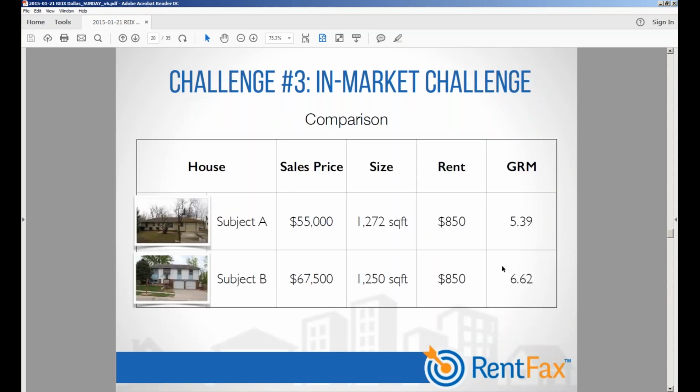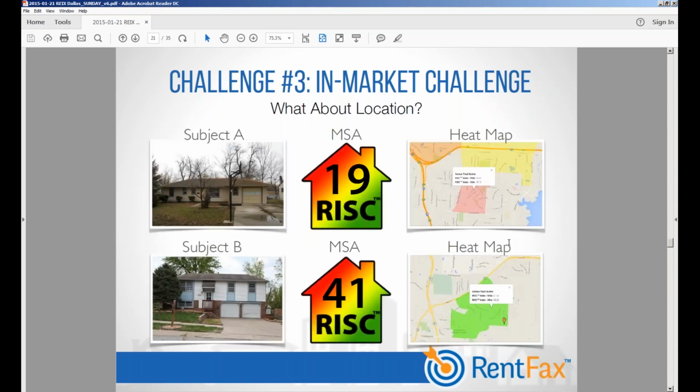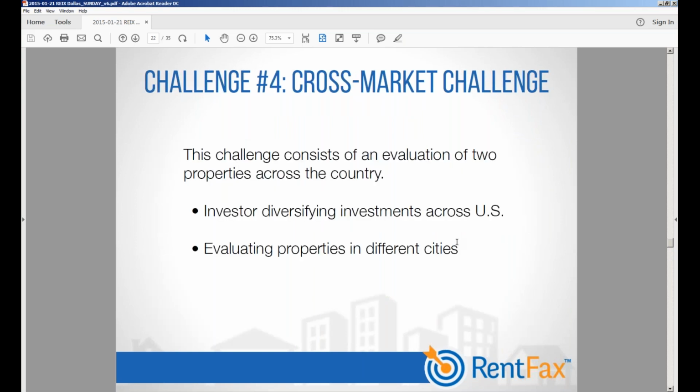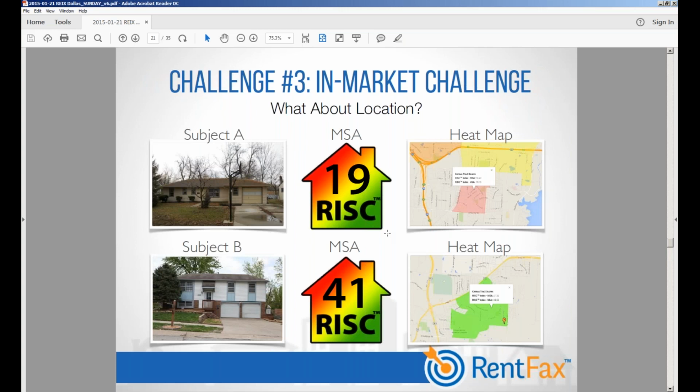So the reality is on the gross level, while this subject A appears to be a better investment, when you take into account the risk associated with it and the likelihood that you will realize that income stream, that's the missing component. And that's really what we're highlighting here.